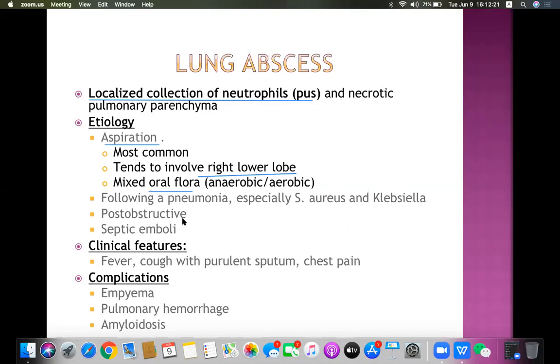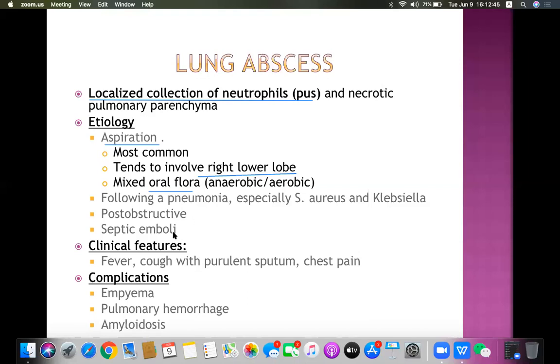Post-obstructive lung abscess can occur. For example, if a small bronchi or bronchioles is completely obstructed by tumor, by foreign body, or even by dry or hard mucus, then also because of the repeated infection, lung abscess can happen.